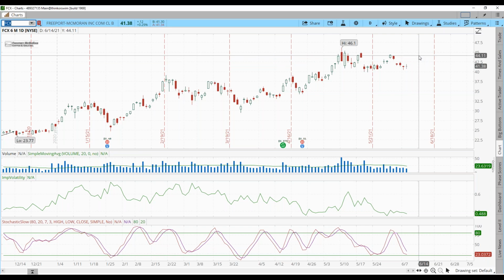You're talking, what, 6%-ish? It's not much that I need to happen here. If it gets above 44 by the end of this, I'll get 4 or 5 to 1 on my money. So it's a little bit speculative, a little bit of time decay. It's not a high probability trade though, right?